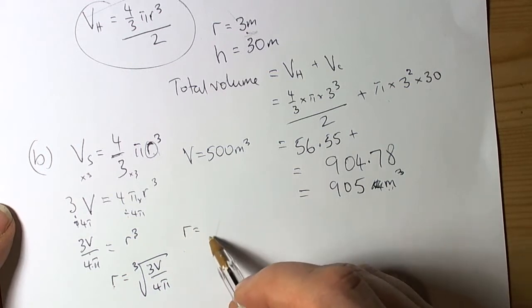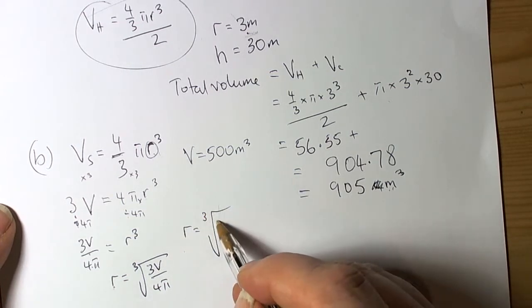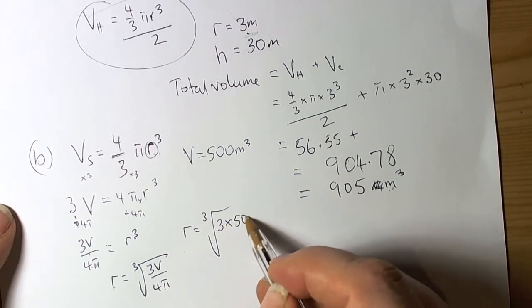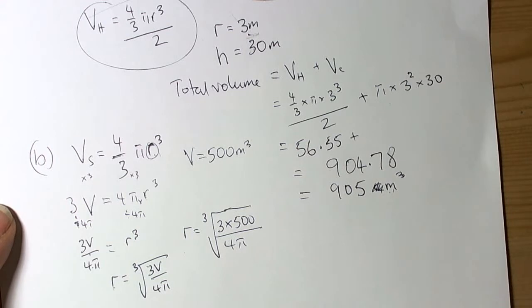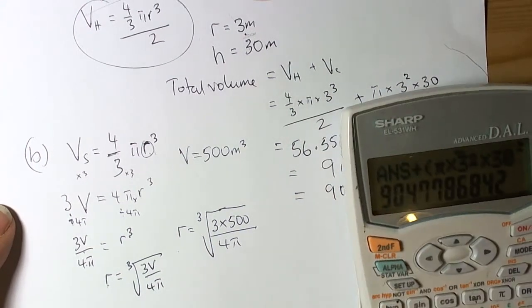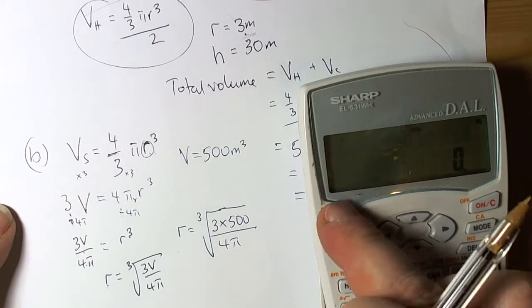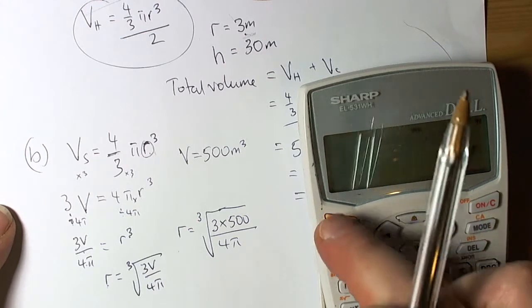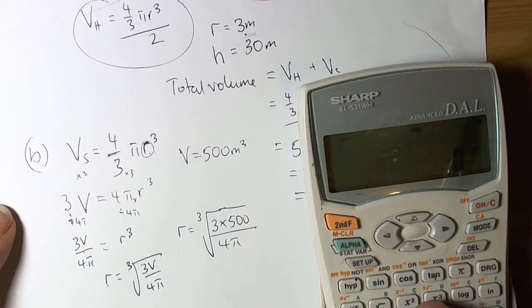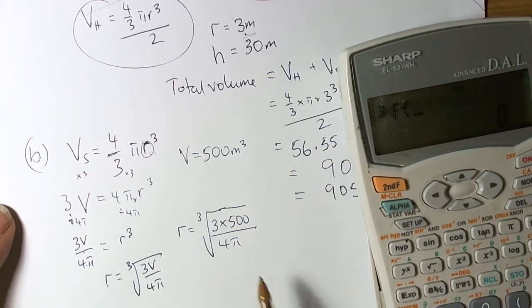So we can now put in our numbers. r is equal to the cube root of 3 times 500, because it told us the volume was 500, divided by 4 pi. So we get our calculator, second function cube root. Most calculators nowadays have a cube root key. Open a bracket because I need all of this sum to be done before I do the cube rooting.